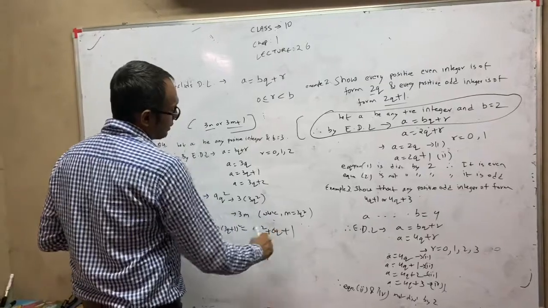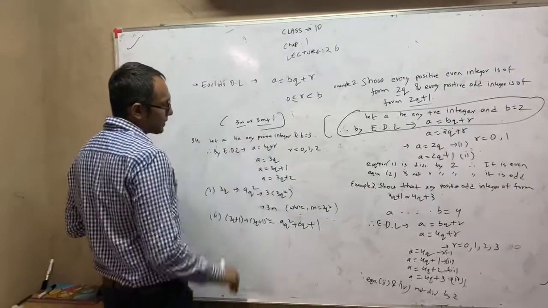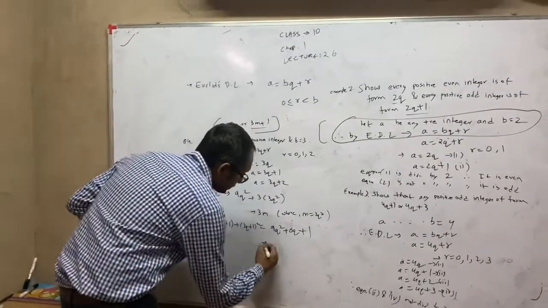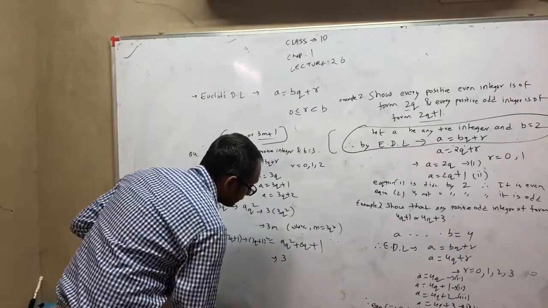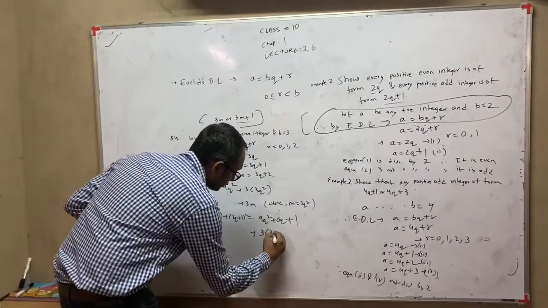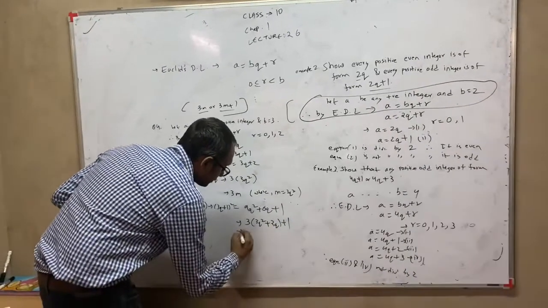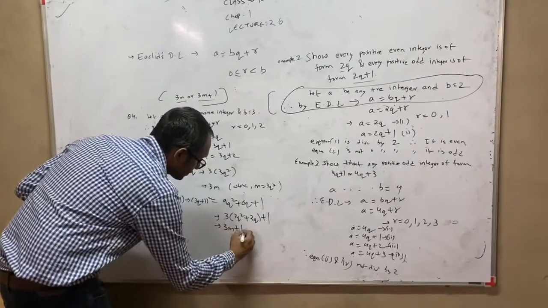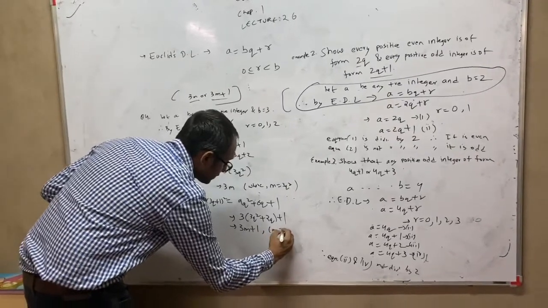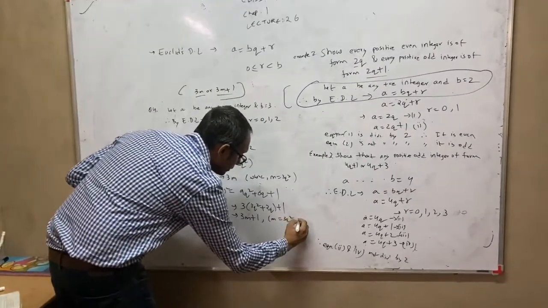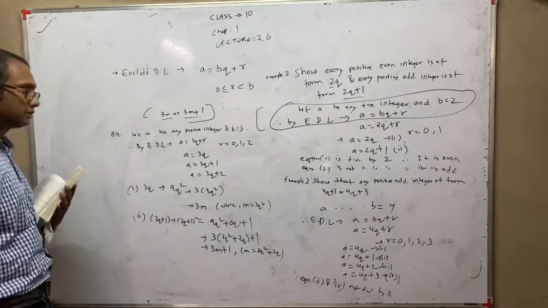Obviously I can't take 3 common from this, so I will try to represent it in the form of 3m plus 1. So if I take out 3, 3q square plus 2q plus 1. So now I'll write 3m plus 1 where m is equal to 3q square plus 2q.